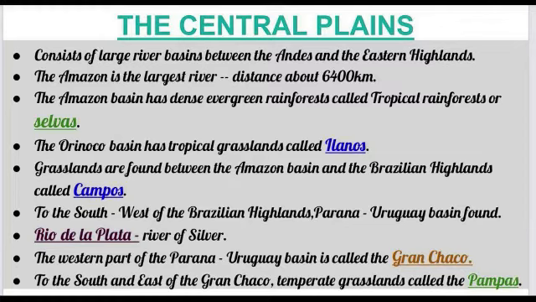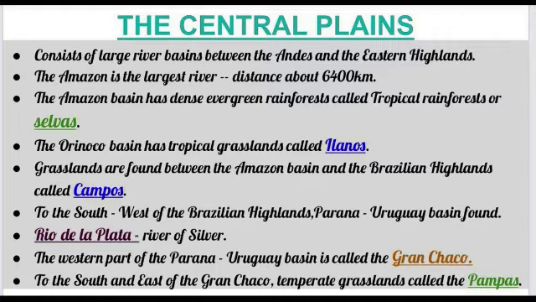Shade tolerant mosses and ferns grow on the damp ground and on the trunks and branches of trees. Thick woody vines called lianas climb up tall trees. In the Amazon basin, some climbers are also there, called lianas. So these are the vegetation of the Amazon basin. The Amazon basin has a dense evergreen forest called tropical rainforest, and it also has different layers of vegetation.